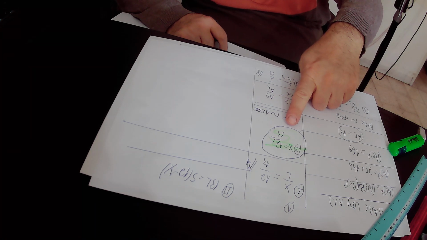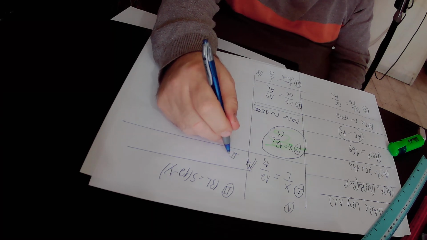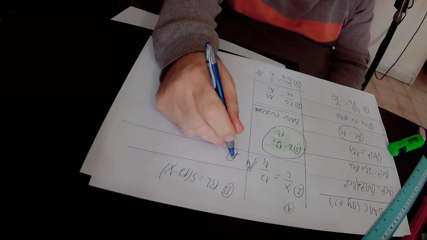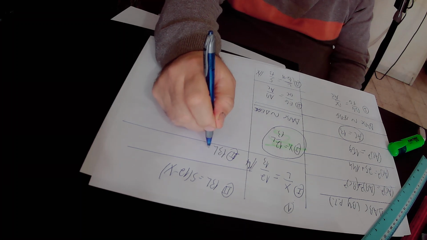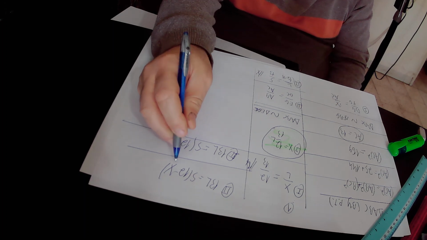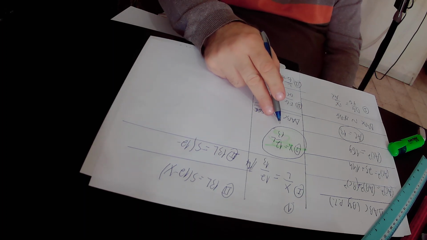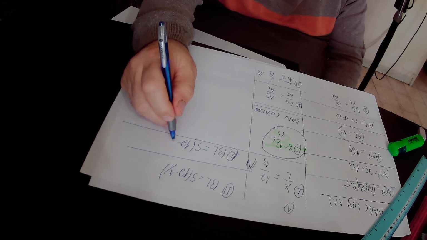We get that 13L equals 5 times, inside the brackets, 12 minus X, and X according to equation 1 equals 12L over 13.